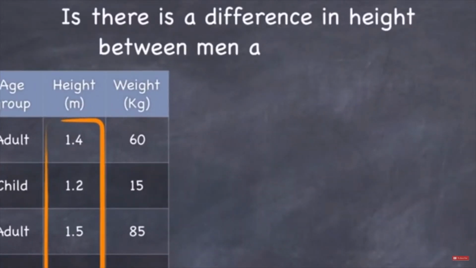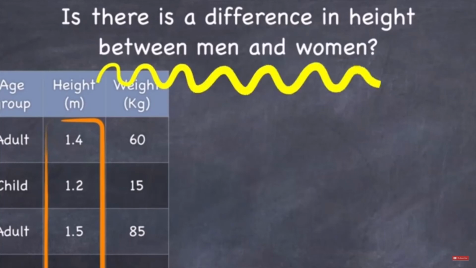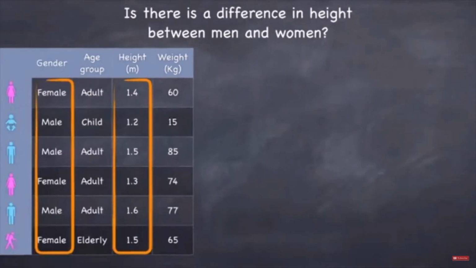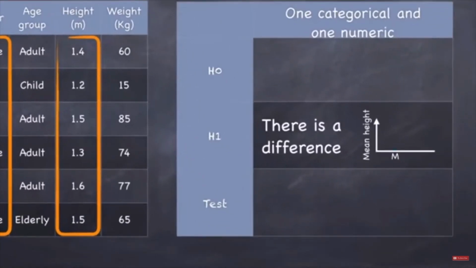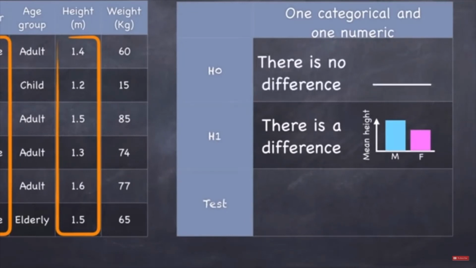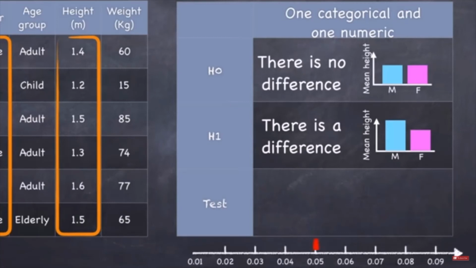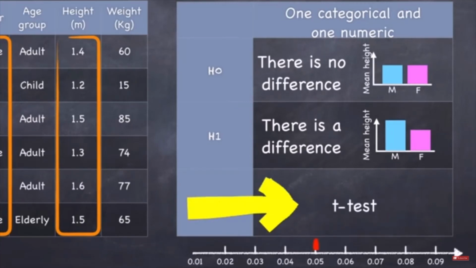So we could look at another question and introduce another variable to see if there's a difference in height between men and women. So our hypothesis would be that there is a difference, and we can see that if we just chart our data. Our null hypothesis would be that there isn't a difference. So let's assume that there's no difference.